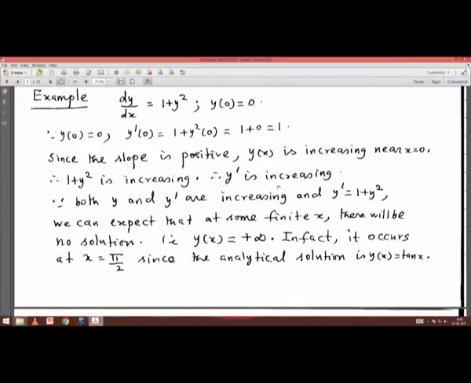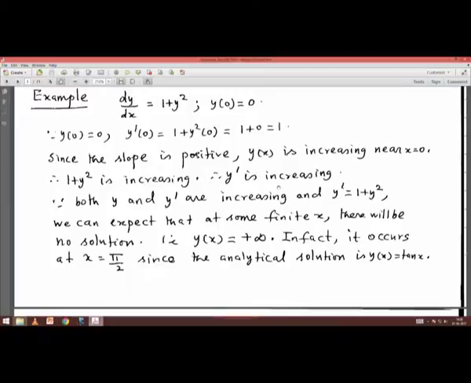So, consider this initial value problem: dy by dx is equal to 1 plus y square, y of 0 is 0. So, y of 0 is 0, that is the initial condition. Look at the function f of x comma y. What is it? It is 1 plus y square. So, y prime at 0 is 1 plus y square at 0, which is 1 plus 0, which is 1.